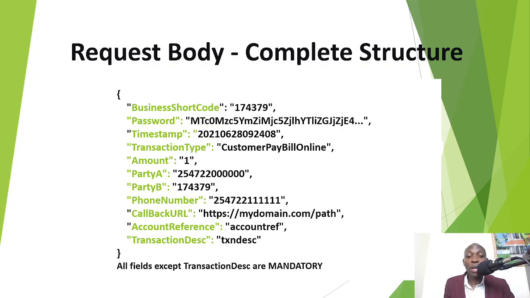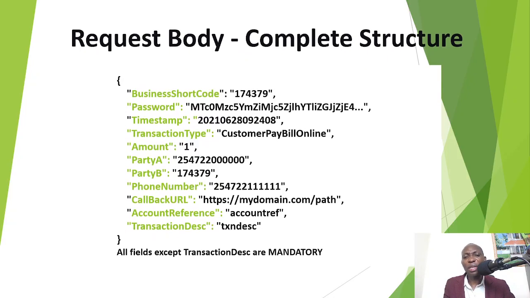You have party A and party B, and you also have phone number. You have the callback URL. You have account reference and transaction description. All fields are mandatory except transaction description. This transaction description is not mandatory, but it is good to have it. So that is the request body.